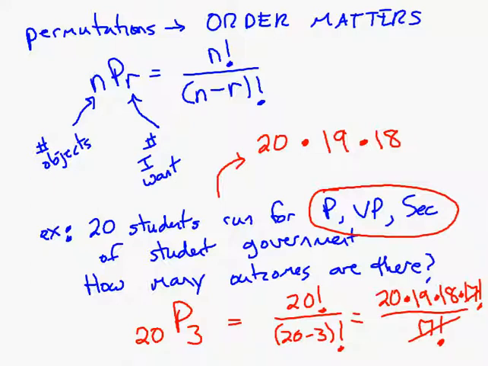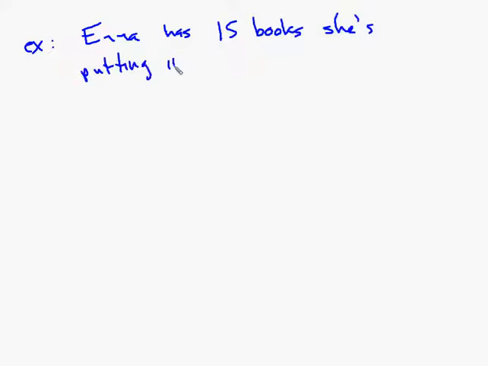Let's do one more example that involves a permutation. Emma has 15 books. She's putting 4 in order. So does order matter?